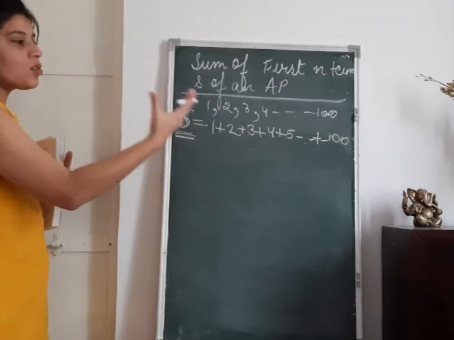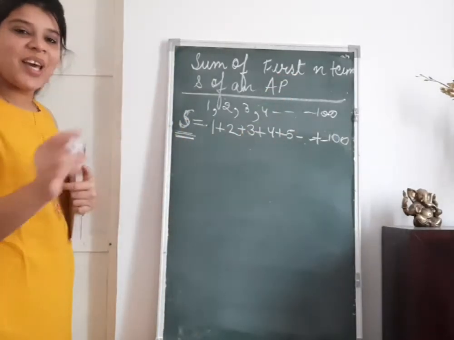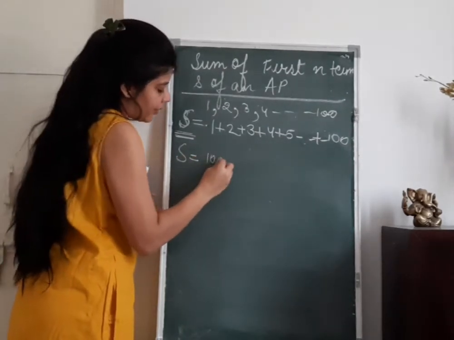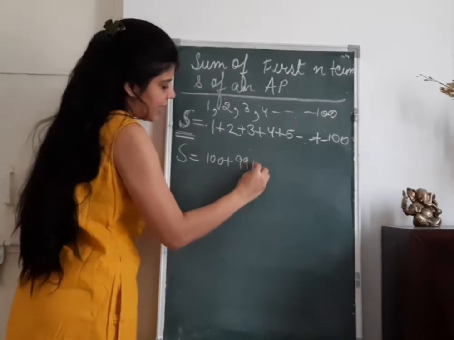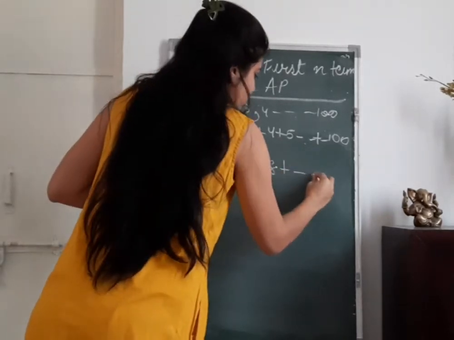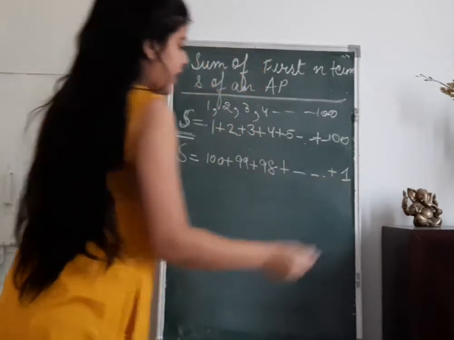Okay? Let us write this arithmetic progression in reverse order. S is equal to 100 plus 99 plus 98 plus so on plus 1.